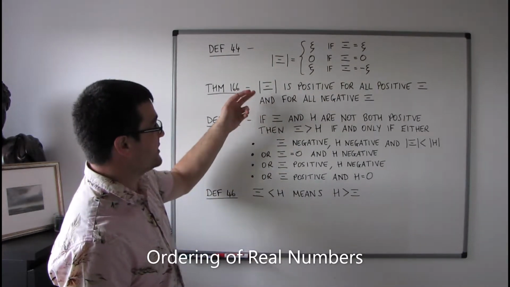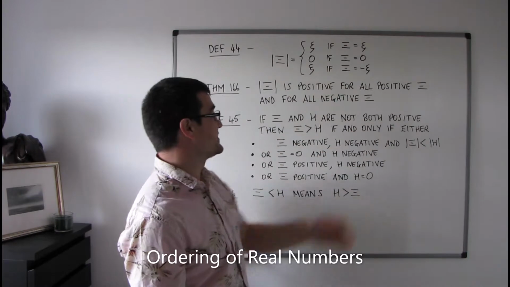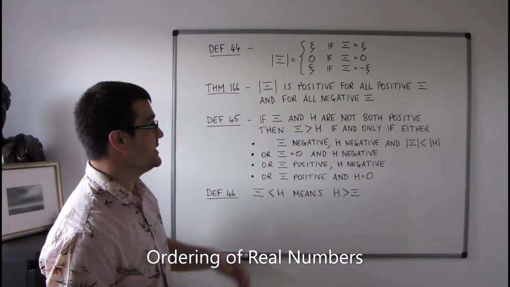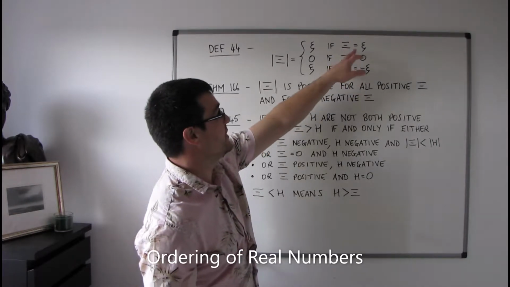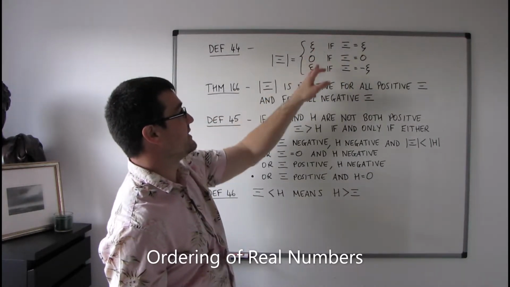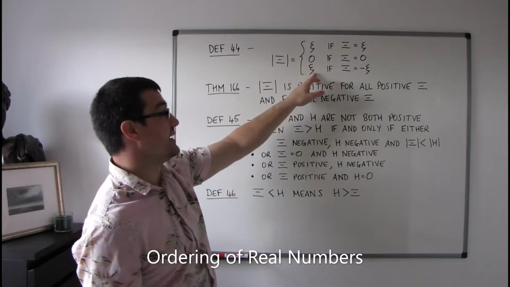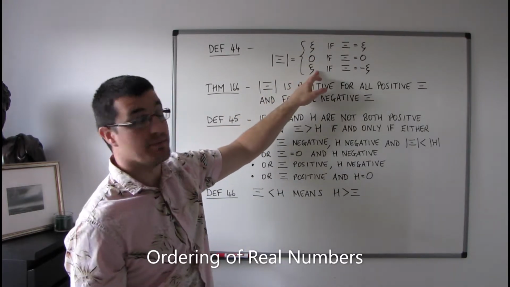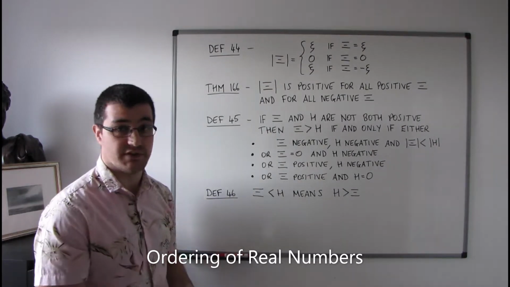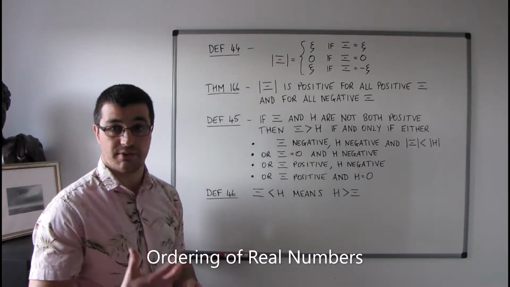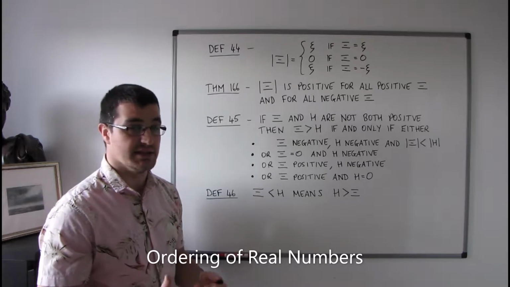So the absolute value of ψ is positive for all positive ψ and for all negative ψ. Because if you notice here, regardless of whether ψ is negative or positive, the absolute value is represented by a positive real number. Remember this cut notation, or what we would have used to represent cuts previously, is now what we use to represent, from time to time at least, positive real numbers.